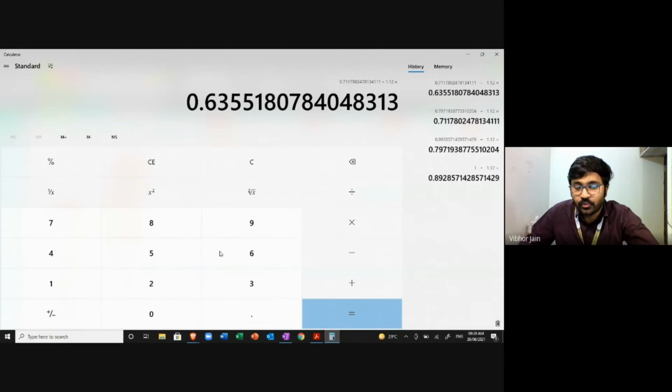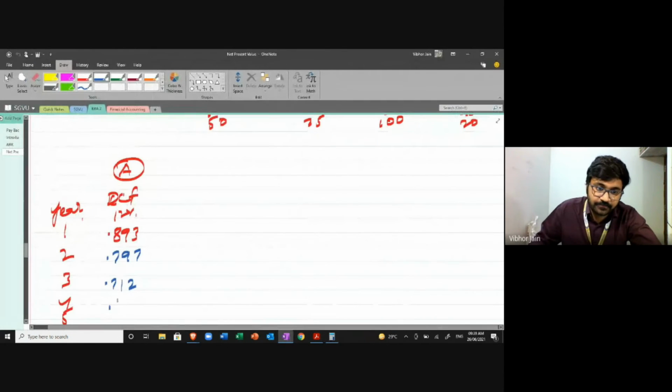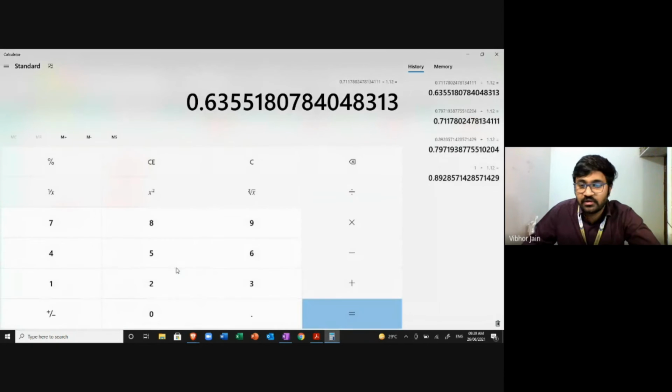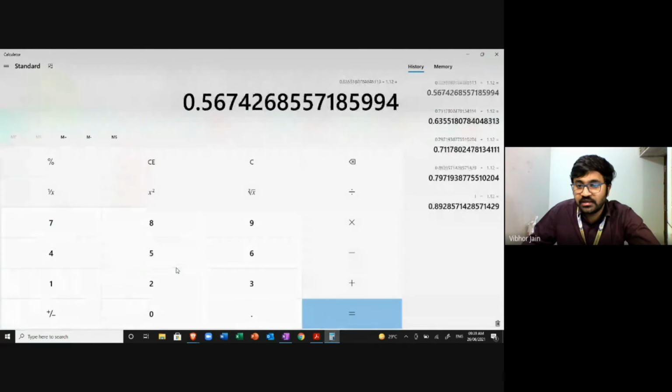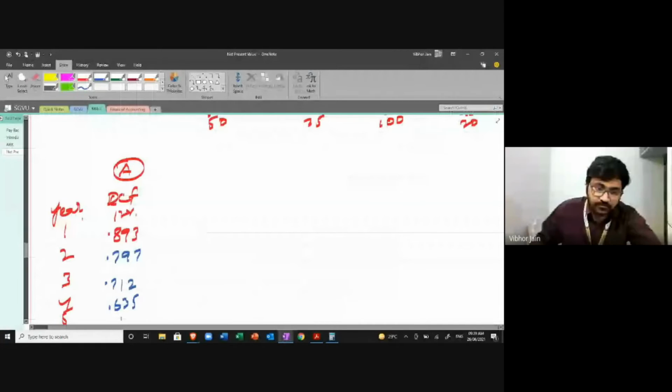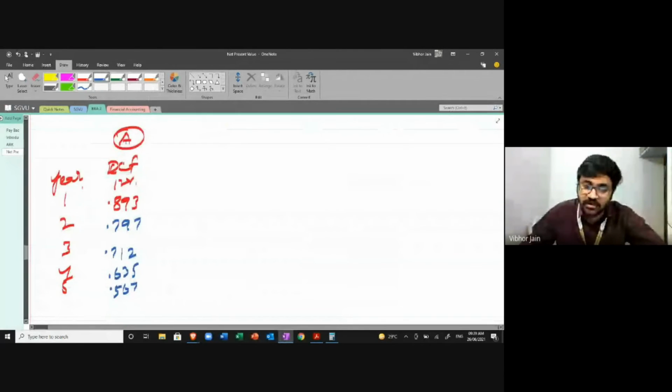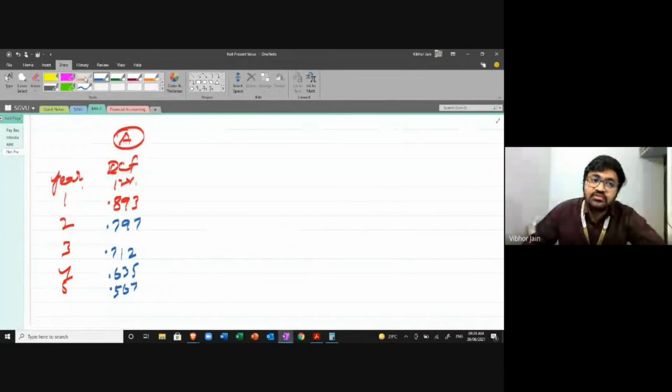Next is 0.635. And for the next one, it is 0.567. This is my discount factor.